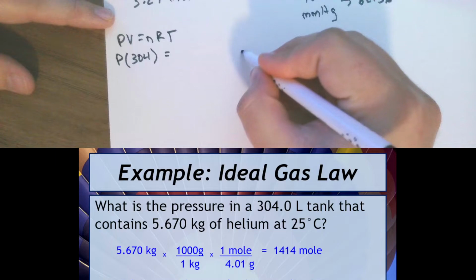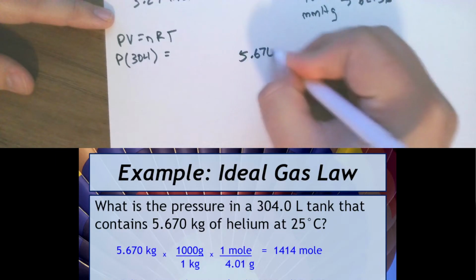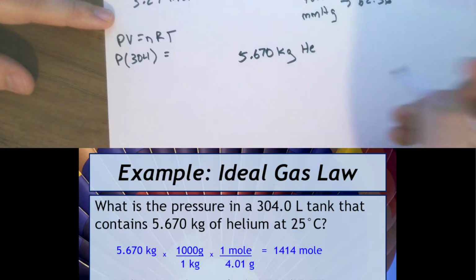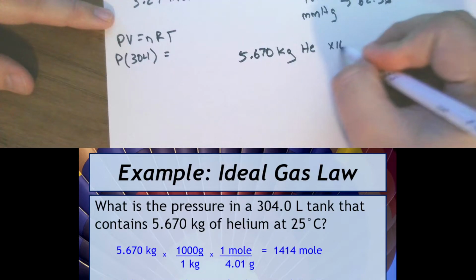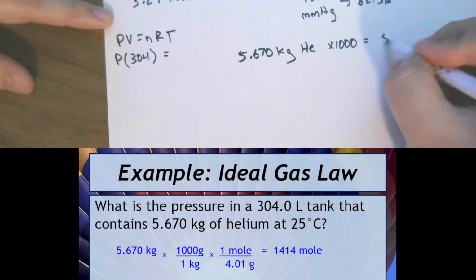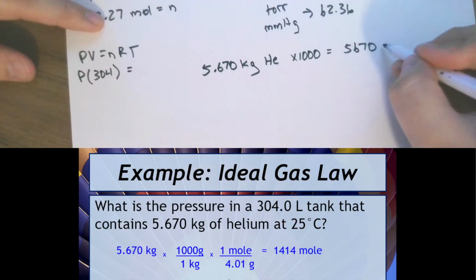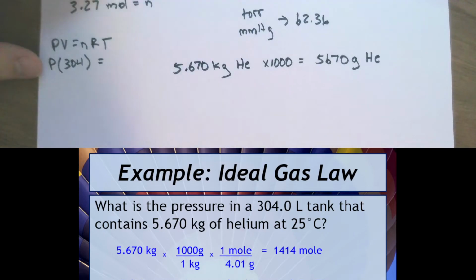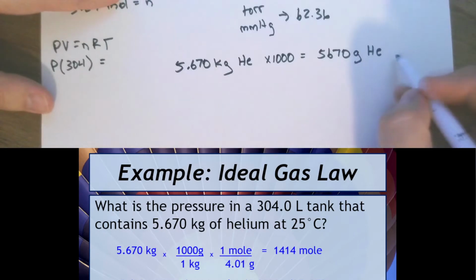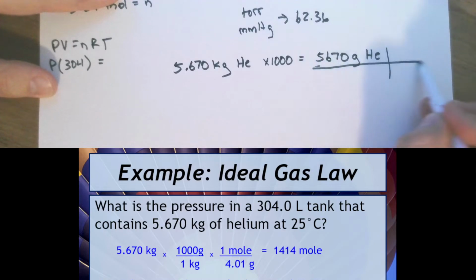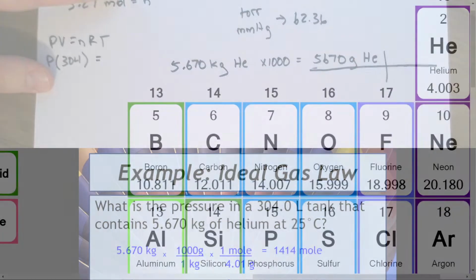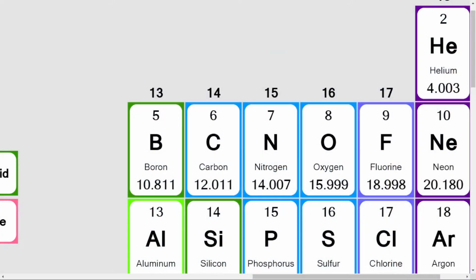I have my 5.670 kilograms of helium. Well, a kilogram is 1,000 grams. So if I just multiply that by 1,000, I get 5670 grams of helium. Okay, I can turn that into moles by using a unit conversion. To convert from grams to moles, we use, of course, the periodic table. I'm going to find helium on the table, which is in the upper right corner here.